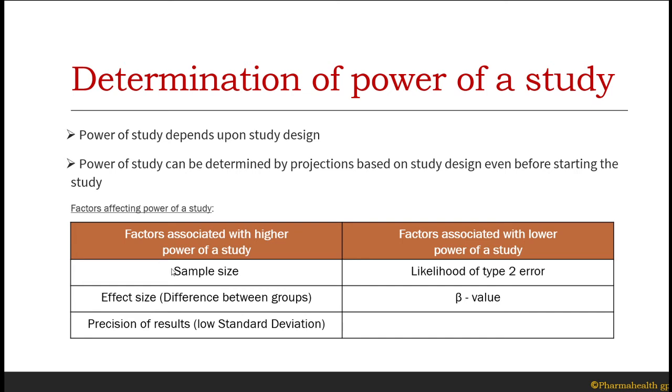The most important factor associated with higher power of study is sample size. Just consider two experiments in which in the first one we have only 5 patients, and in the second experiment we have 500 patients.